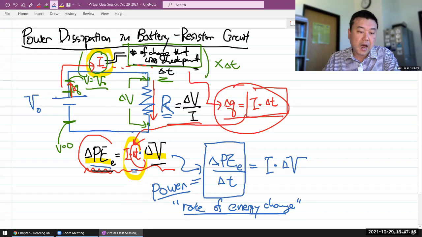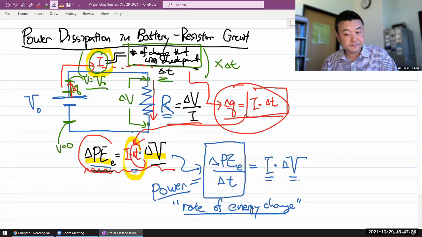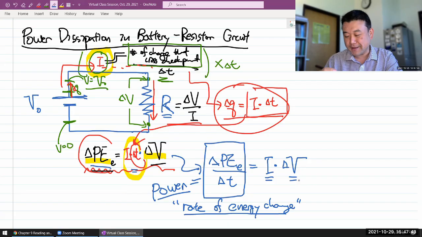Rate at which how much did the potential energy of the battery change. And that is equal to current coming out of the battery times the voltage of the battery. Quite simple relationship, and it doesn't actually involve anything new that you need to know. It comes from everything that you already knew. It's the kind of things I love because physics is fundamental science.